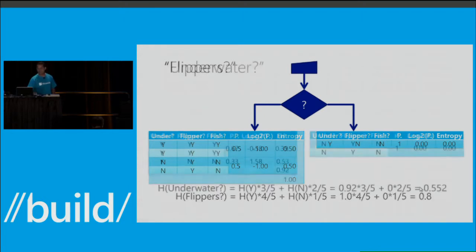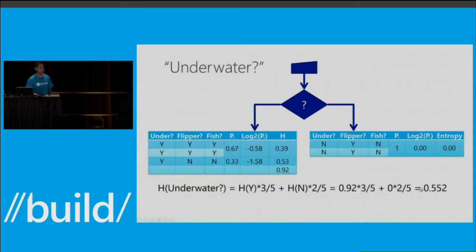However, the other test, underwater, is even better, because on the side where underwater is no, I will have 2 rows going that way with only one outcome, so the entropy is 0. On the other side, I will have 2/3, 1/3. Double check the numbers later and send me a letter if there is some mistake.